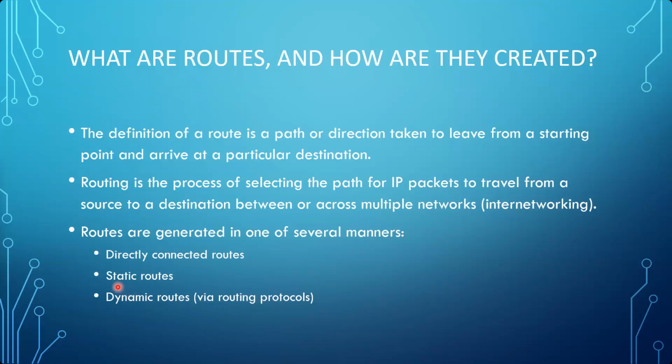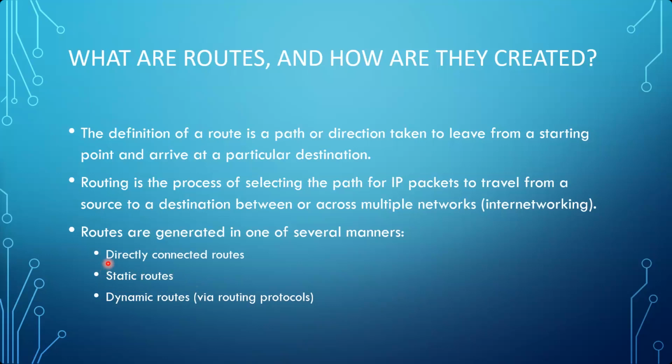Also, you guys could go in and manually enter that information. This will be known as a static route. Now, if you're going to manually enter it, I hope you know what you're doing. Otherwise, you may end up black holing your entire connection to the internet. Black holing means you send it into nowhere. That's exactly what a black hole is going to do.